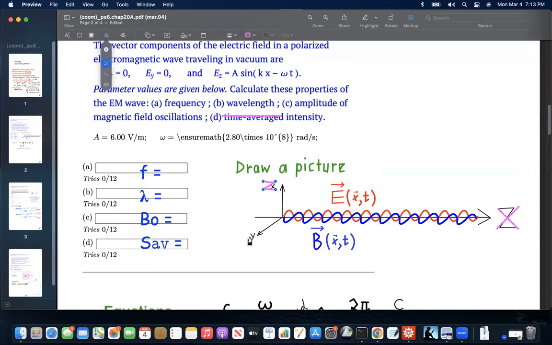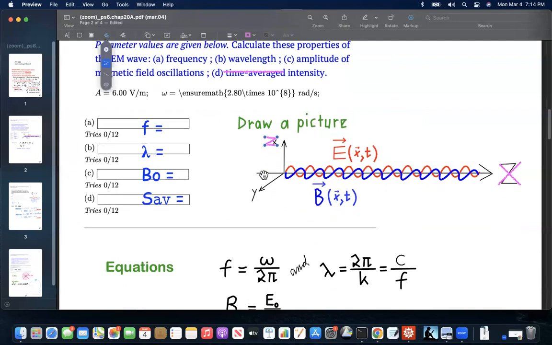The magnetic field is in the direction perpendicular to x and z, so it's in the y direction. So here's the electric field oscillating in the z direction. That's Ez. Here's the magnetic field oscillating in the y direction. And here's the x direction. That's the direction of propagation.